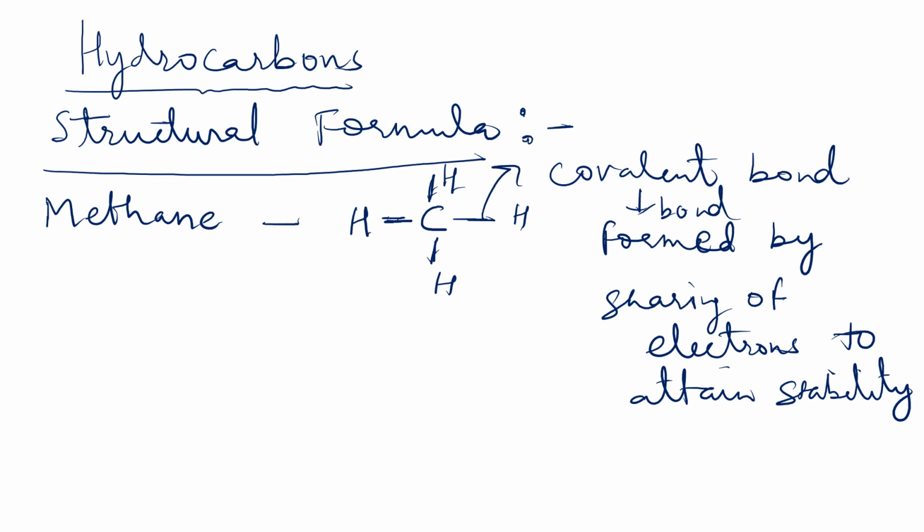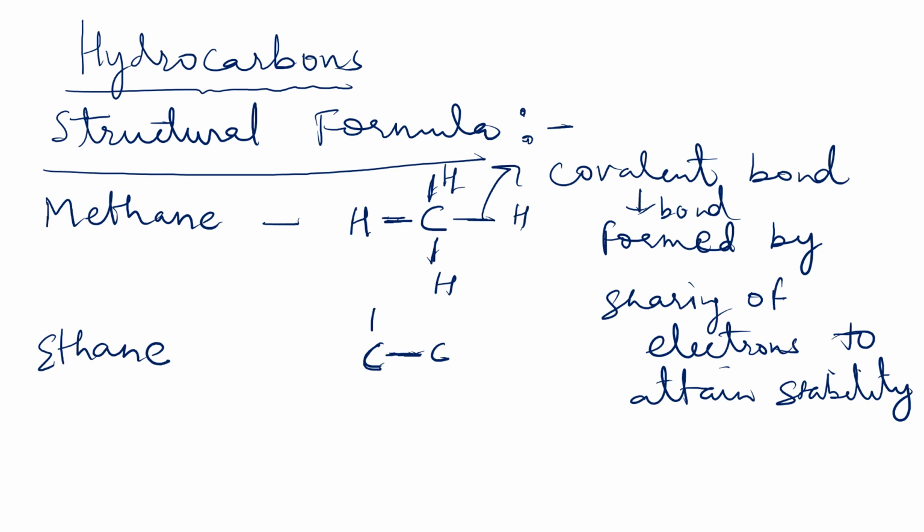The second hydrocarbon is ethane. Ethane means two carbon atoms. You need to remember these till carbon number 10. Now this carbon atom is already bonded with one carbon atom, so one bond is there already.